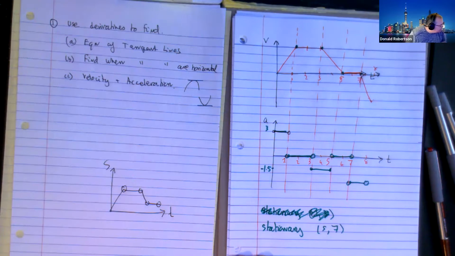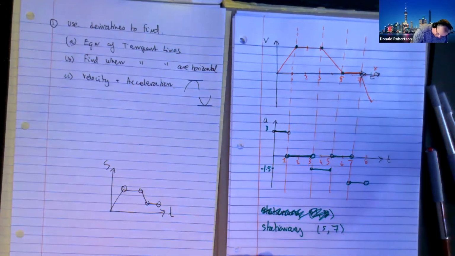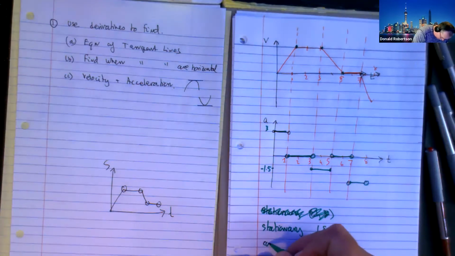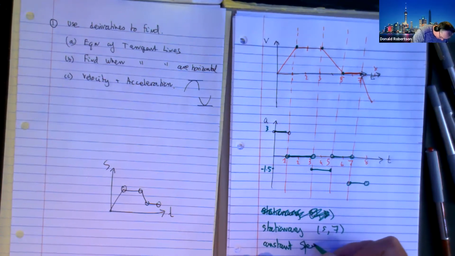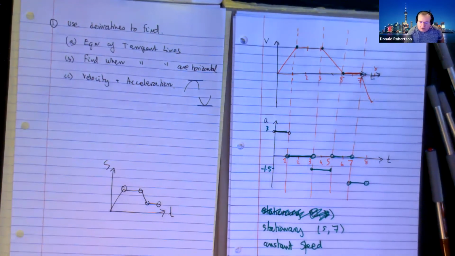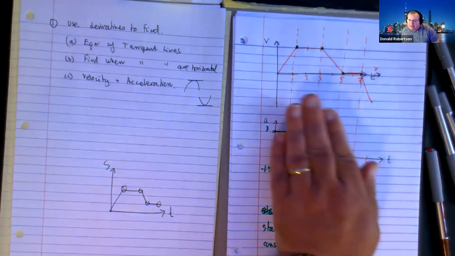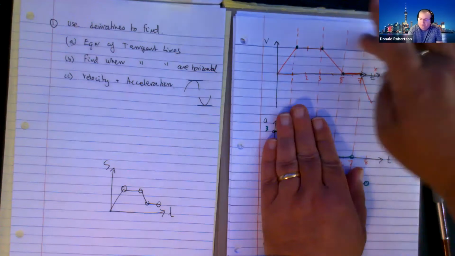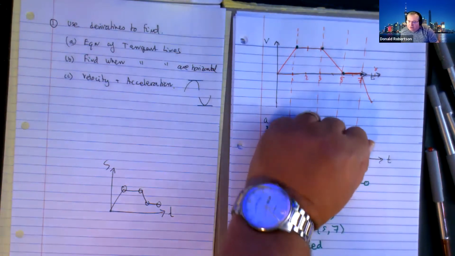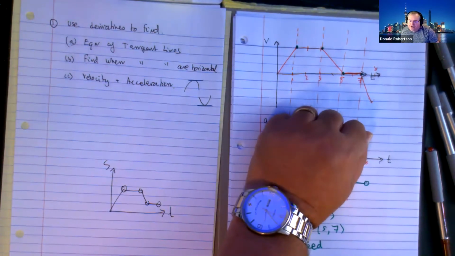Now, if I was asking you, how do they do it? They ask, when is it doing a constant speed? So that is also going to be from here. So try to cover this up so it doesn't distract us.